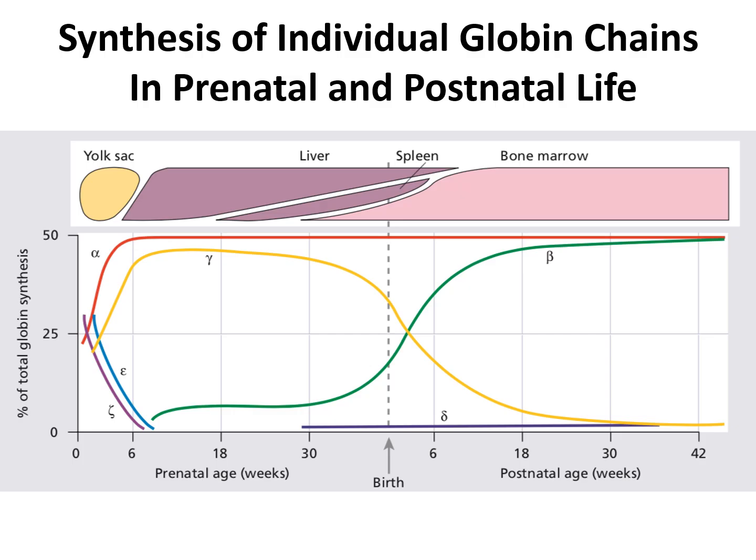Notice that it takes some time for the shutting down of all the gamma chain synthesis. So hemoglobin F may persist for some time in the newborn. Delta chains continue to be synthesized at a low level, and this may increase later on under certain disease states and can lead to formation of a different kind of hemoglobin called hemoglobin A2. The next slide will explain this.